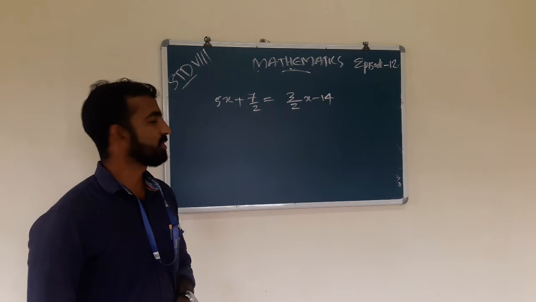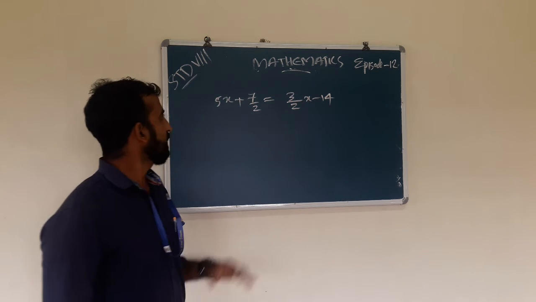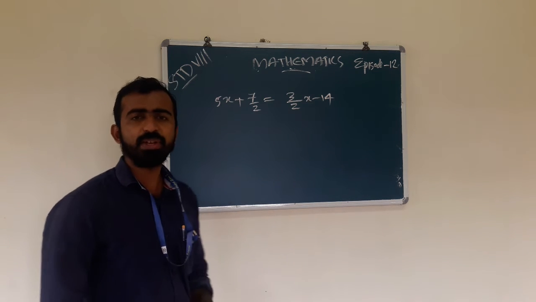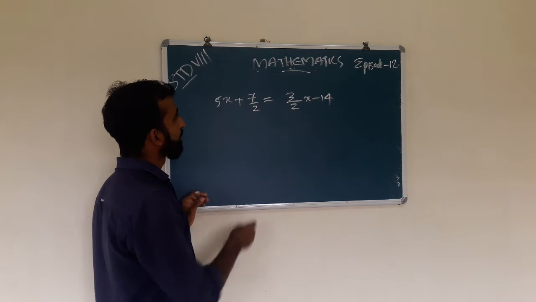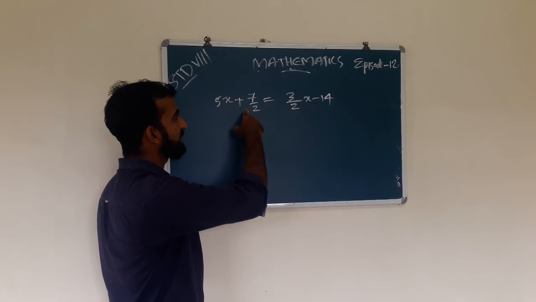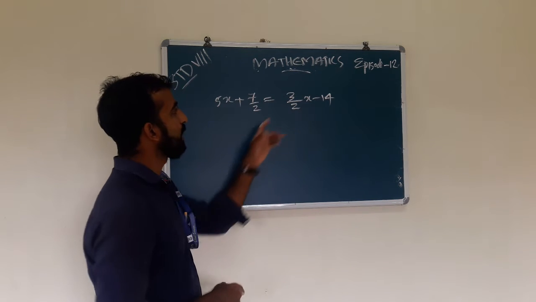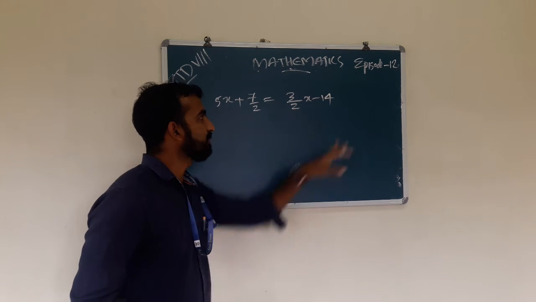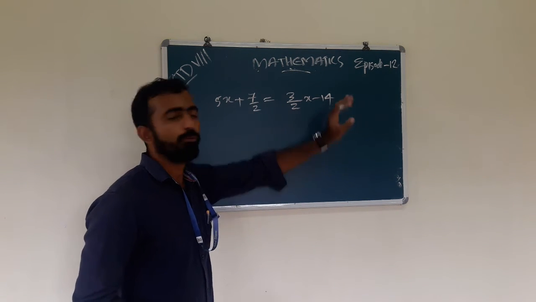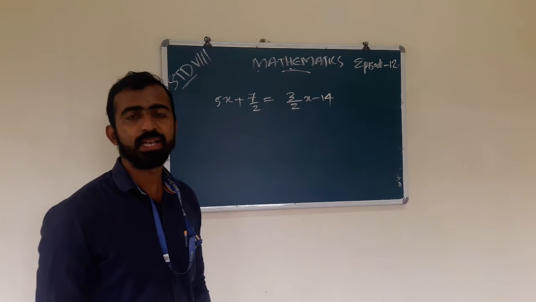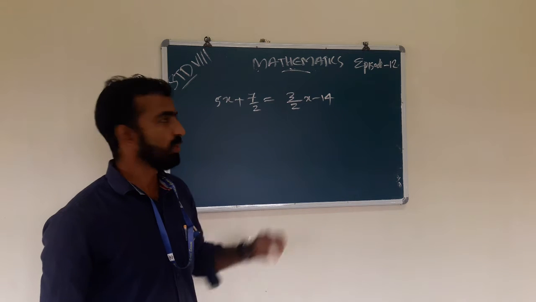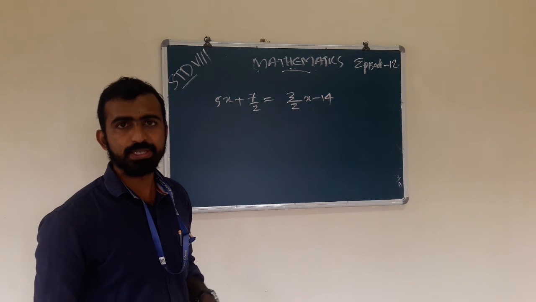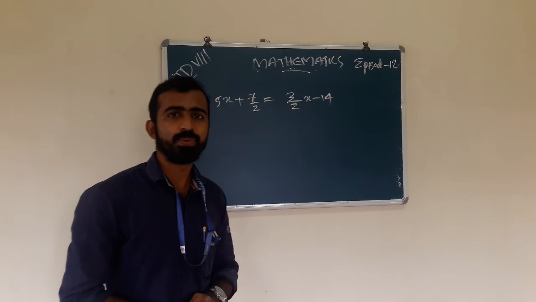This is the next one. What can we write here? 5x plus 7 by 2 equals 3 by 2x minus 40. Yes, and we can solve for x. Can you solve?